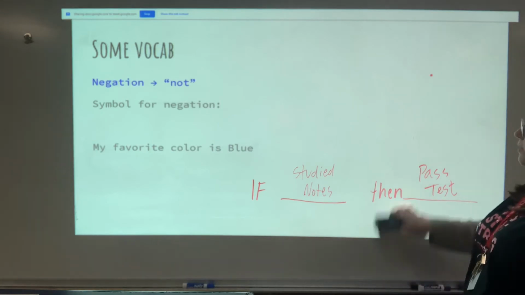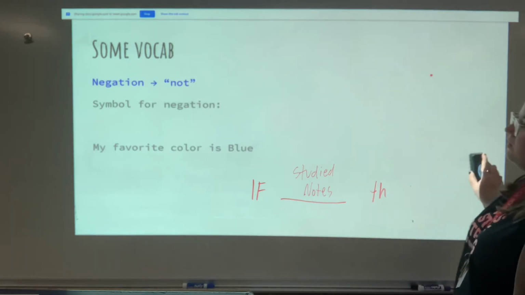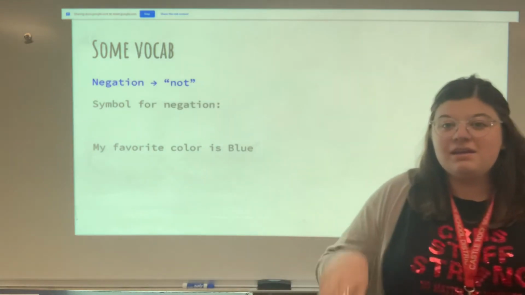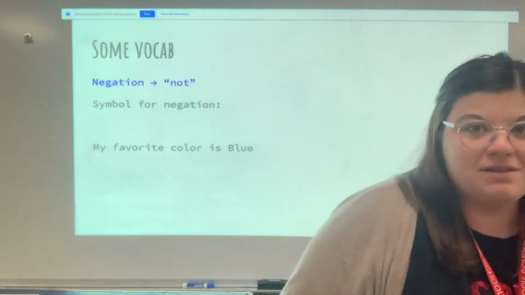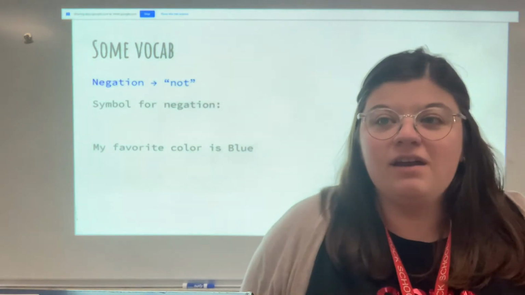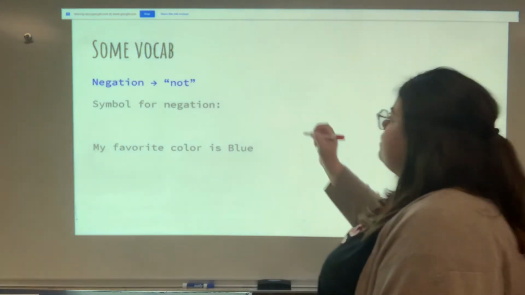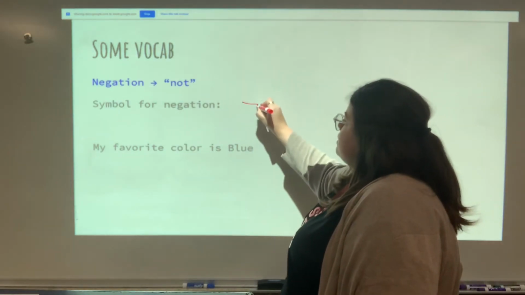The other thing I want to talk about is negation. If you see something that is being negated, I want you to think the opposite. I want you to think not. So, negation, think not. The symbol for negation that I usually use looks like this.